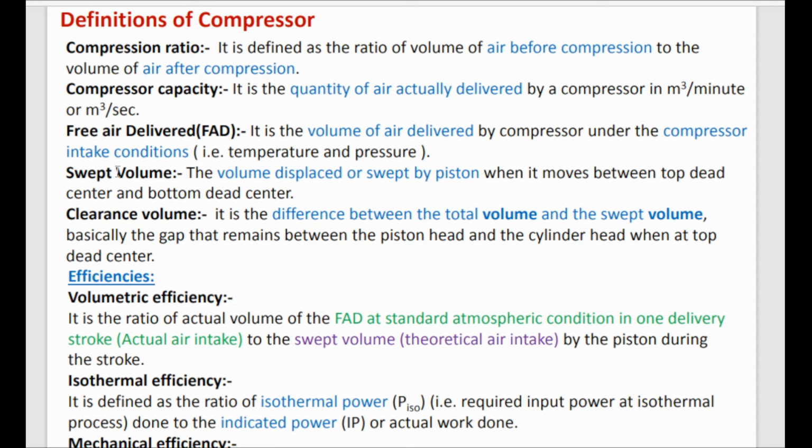And free air delivered is the volume of air delivered by the compressor under the compressor intake conditions. Basically intake conditions will be the ambient temperature and pressure. Mostly it will be ambient temperature and pressure, and we will discuss it in the last portion of the chapter.